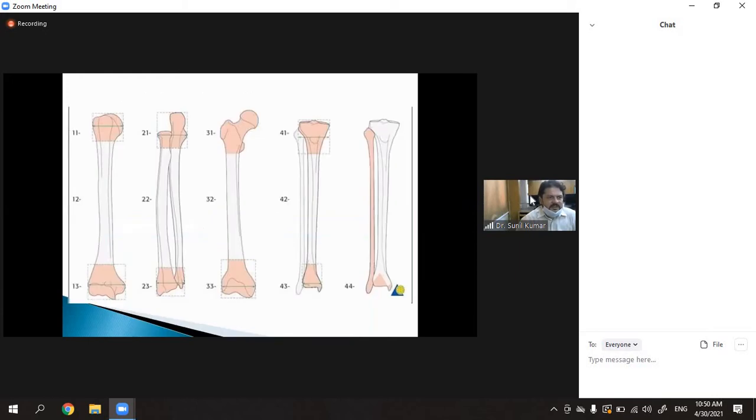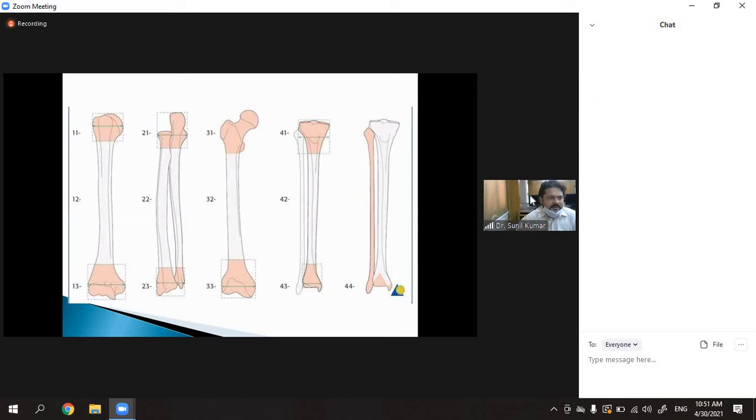Like in this picture, 1 is for the humerus, 2 is for the radius ulna, 3 is for the femur, and 4 is for the tibia. The second number is for the anatomic location: proximal, diaphyseal or middle, or distal.